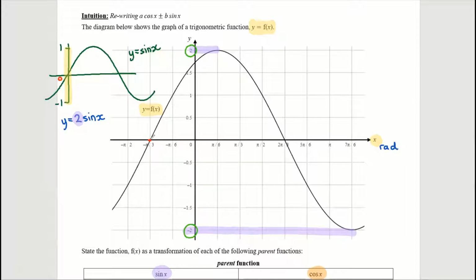Okay, and then we have another x-intercept at 2pi/3. A normal sine graph doesn't do that. Of course, it has the x-intercept at 0, and then on the other side of the symmetry, we have an x-intercept at pi. So there must be some kind of translation going on as well.